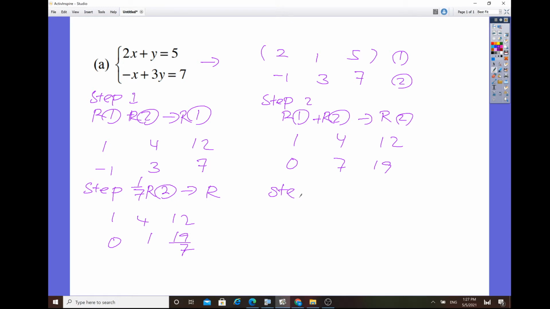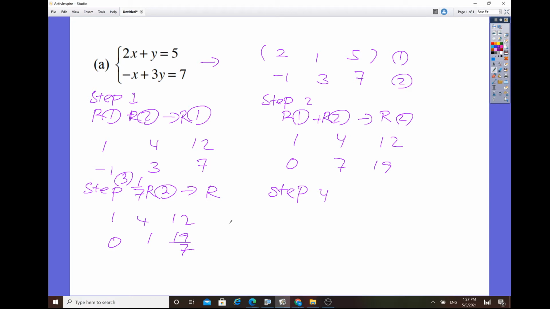But if you want to find the simplest form, the reduced row echelon form, we want to simplify it a little bit more. Step 4. For that 4 right there, we need to convert that to 0 by using the elementary row operation.